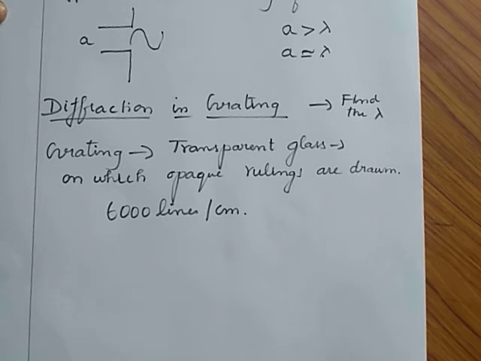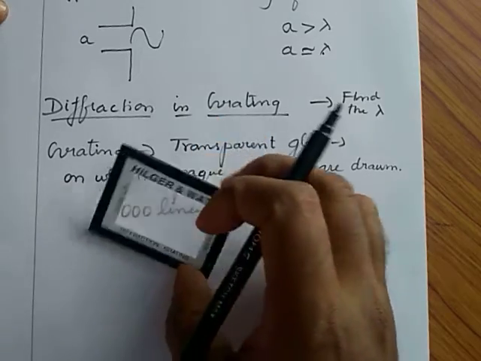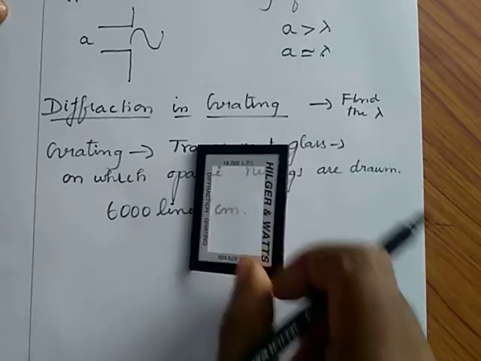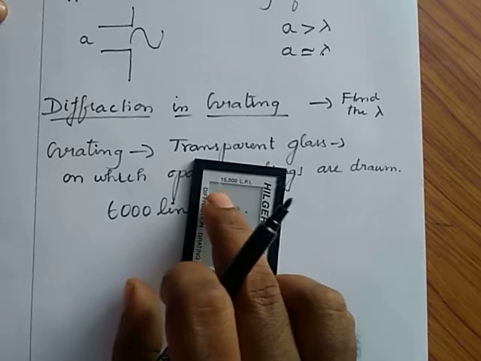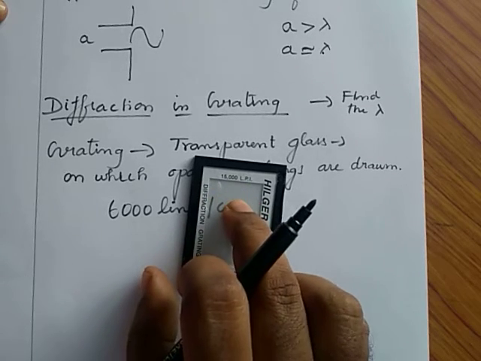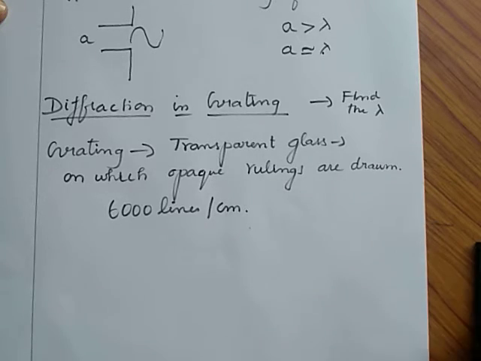This is the plane transmission grating. It is a transparent material on which there will be 15,000 lines in 1 inch. This is drawn with the help of a diamond pointer, not manually.